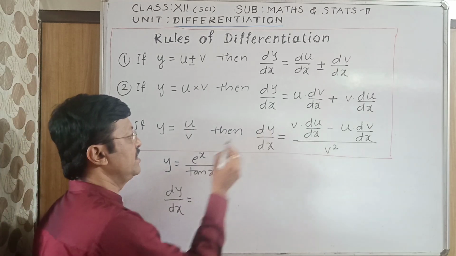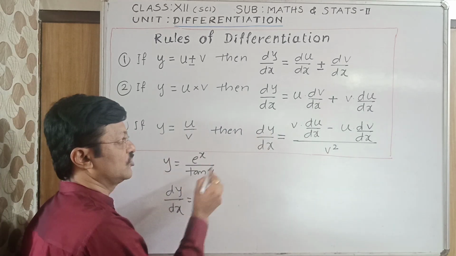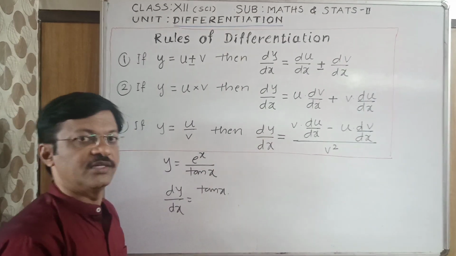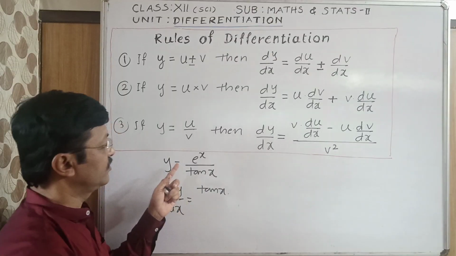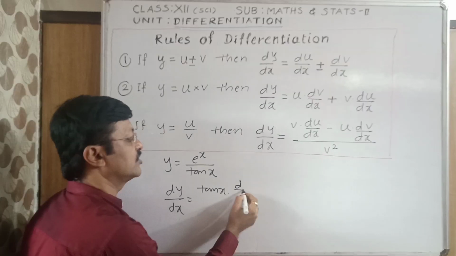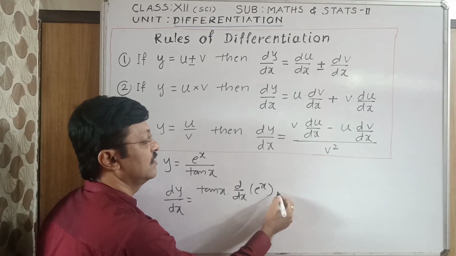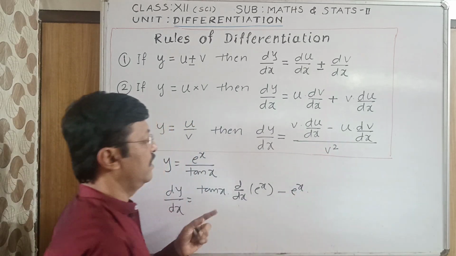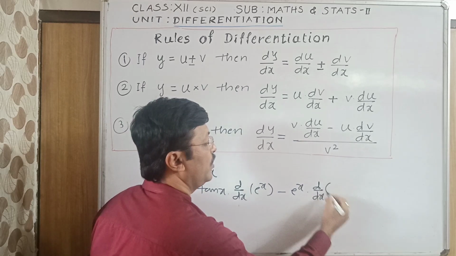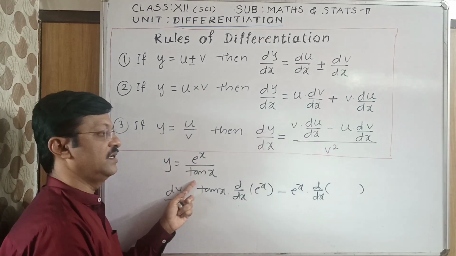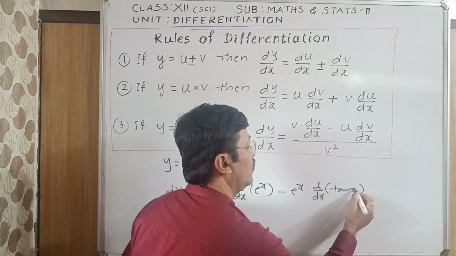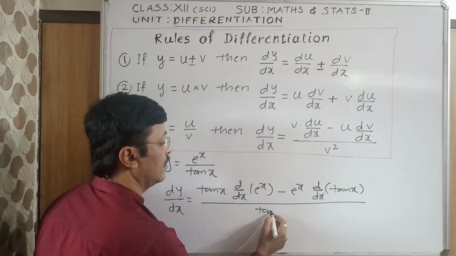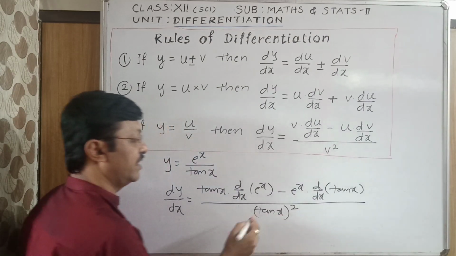It's written as v, v meaning the second function, so tan x, into d by dx of u, and d by dx of u is e raised to x, minus u, which is e raised to x, into d by dx of v, which in this case is tan x, and then the whole divided by v squared, tan x whole square, meaning tan square x.